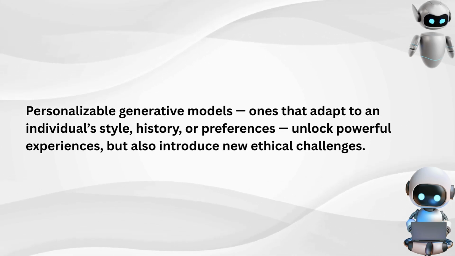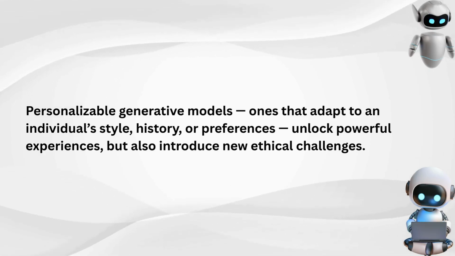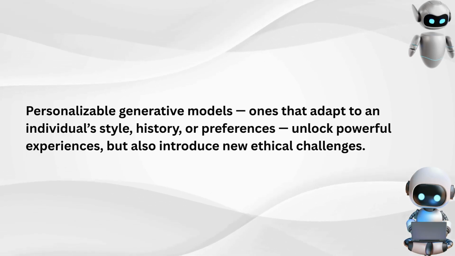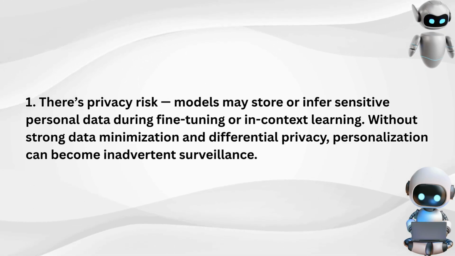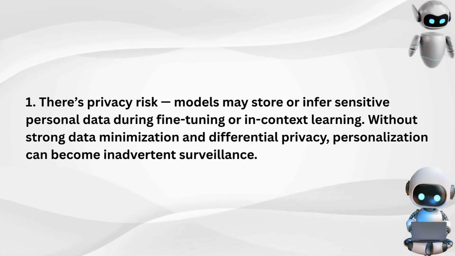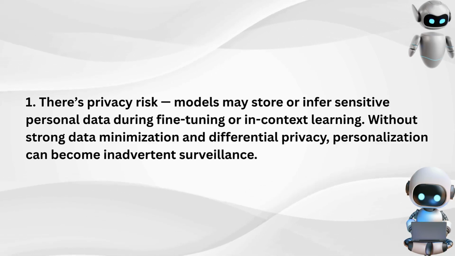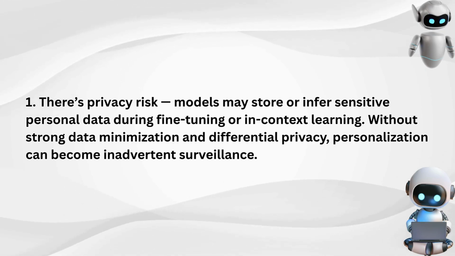Personalizable generative models, ones that adapt to an individual's style, history, or preferences, unlock powerful experiences, but also introduce new ethical challenges. First, there's privacy risk. Models may store or infer sensitive personal data during fine-tuning or in-context learning. Without strong data minimization and differential privacy, personalization can become inadvertent surveillance.